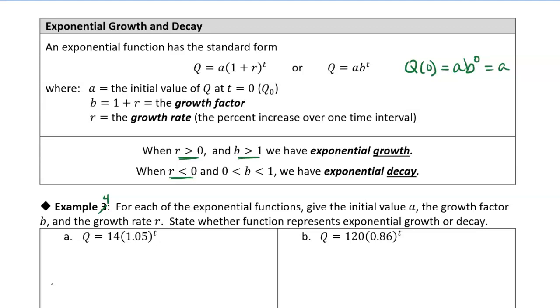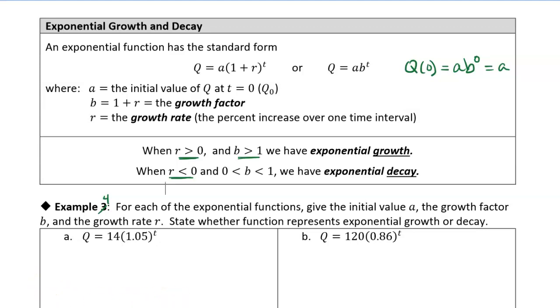So we had a growth factor of 0.84 or 84%. And if that's the case, then we have exponential decay. So our growth rate is not really growth; it's negative. So it's decreasing, and if you take away the negative, that would give you the percent decrease each time.